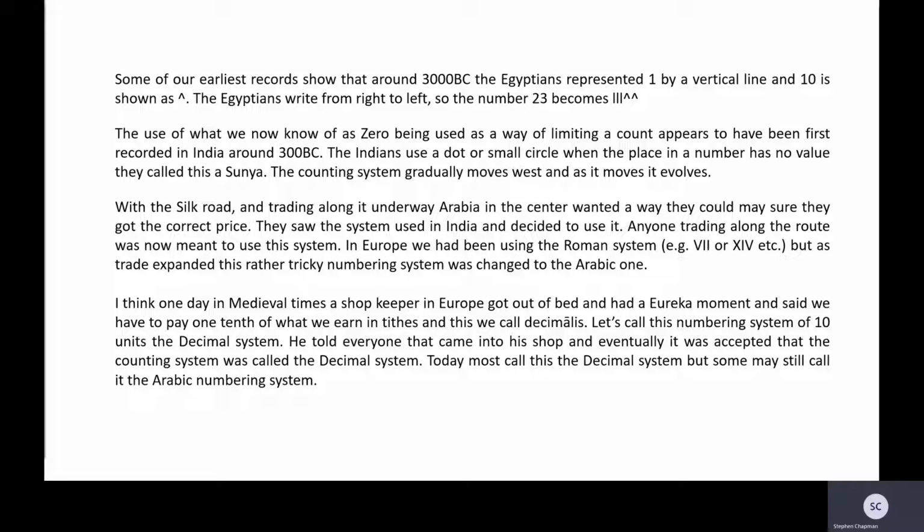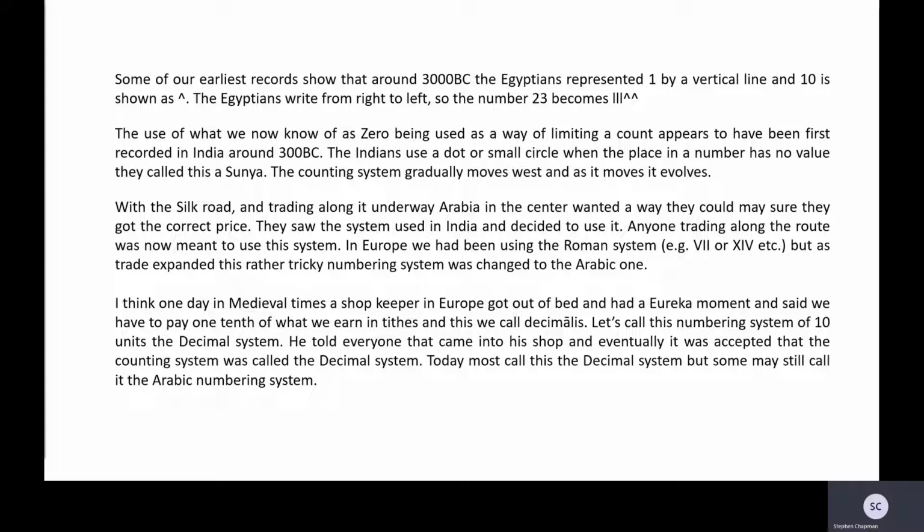So the numbering system that was chosen was the one from India, and it probably just evolved. Because the Arabs in the center part of the trade route were using it, everyone else followed suit. This meant that people knew exactly how much they were paying for things, and no one was undercharged or overcharged, and everyone was happy.